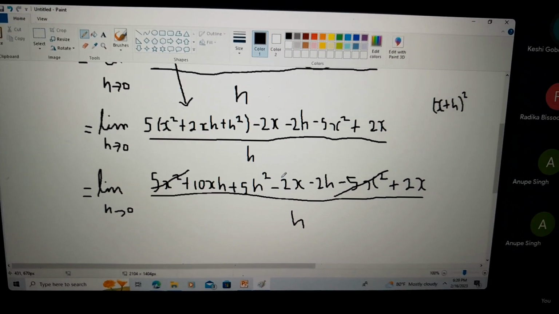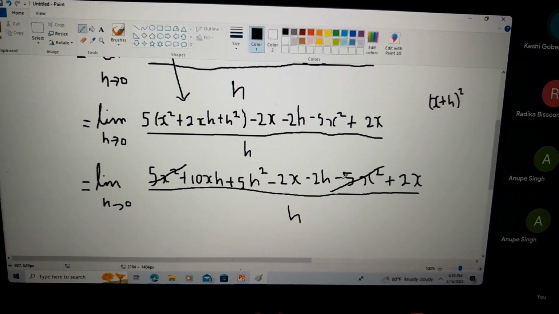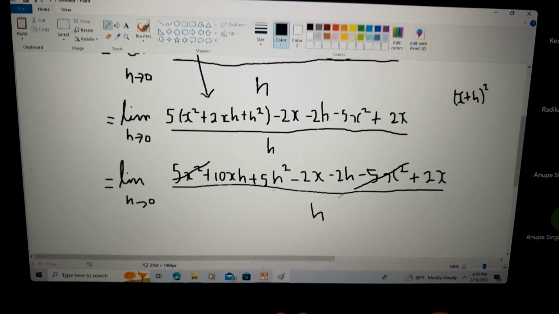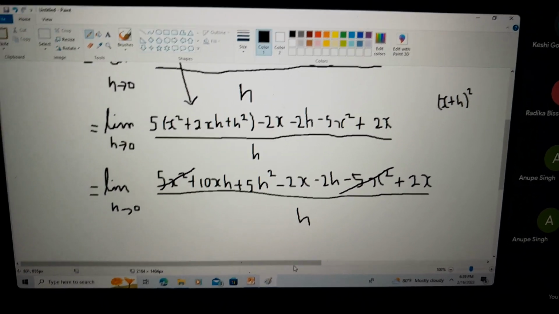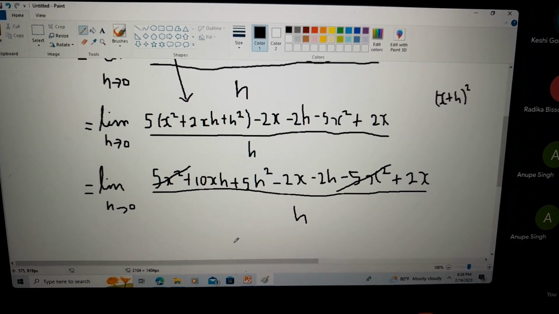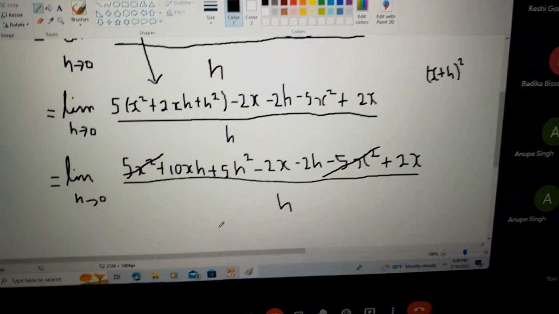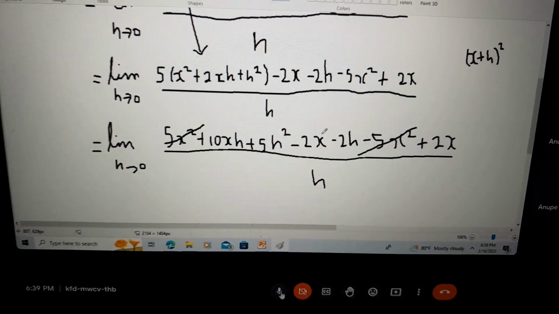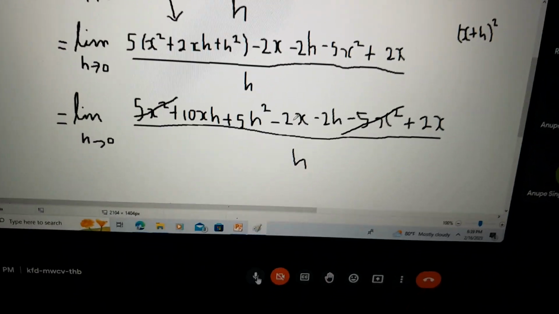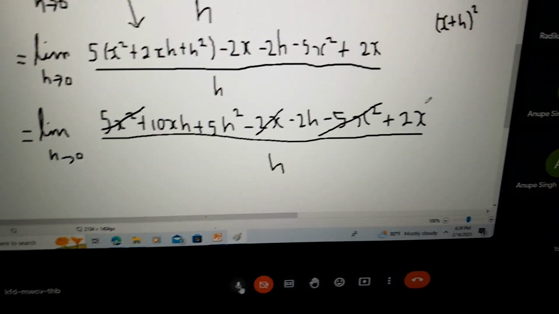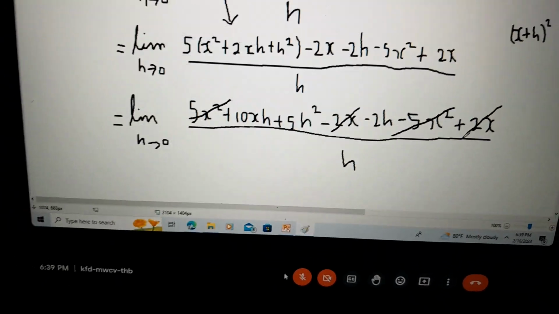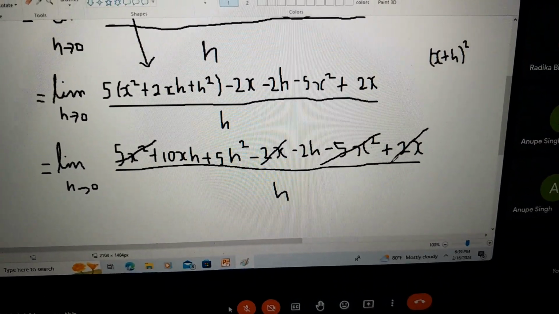Because positive 5x squared, and when we group them, you'll have the minus 5x squared, so they'll cancel out. Is there anything else that you see will cancel out there? Sir, negative 2x and positive 2x. Very good, great. So this helps you to fast track the process.